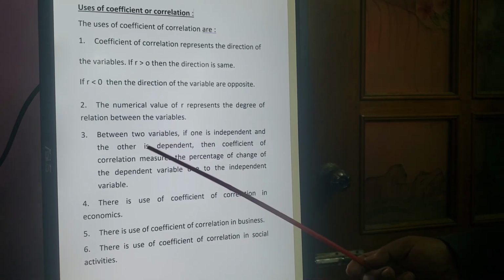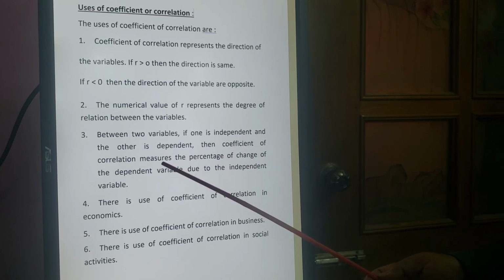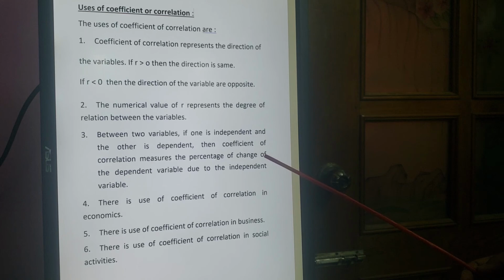Between two variables, if one is independent and the other is dependent, then the coefficient of correlation measures the percentage of change of the dependent variable due to the independent variable. There is use of coefficient of correlation in economics, in business, in other activities, social activities also. Okay.